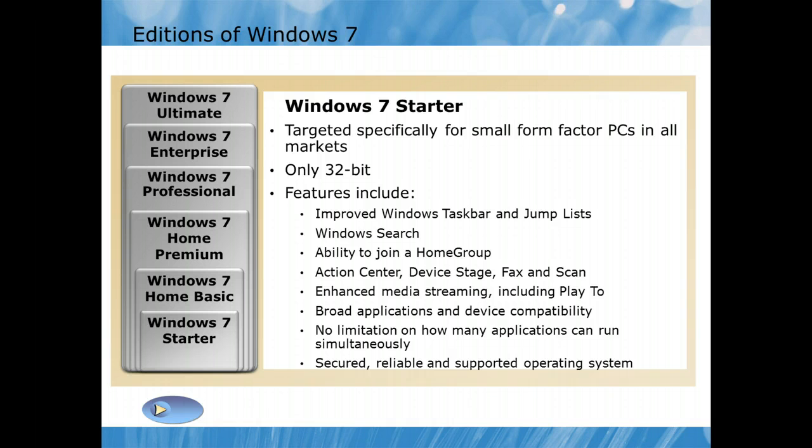The Starter edition is for small form PCs only. So 32-bit. Features the Windows Taskbar search, the ability to join a home group, not a domain. Home group, anybody used home group? Me too. Home group allows you to share within your own home network, computer to computer, simply by using what we'll call a pre-shared key for Terry because he's doing security, but by sharing a password.